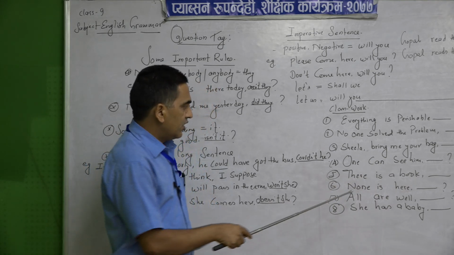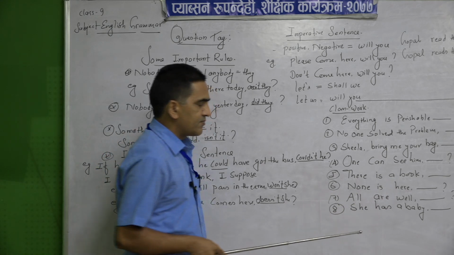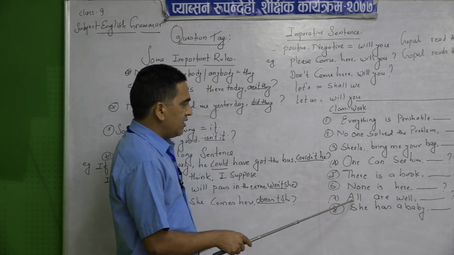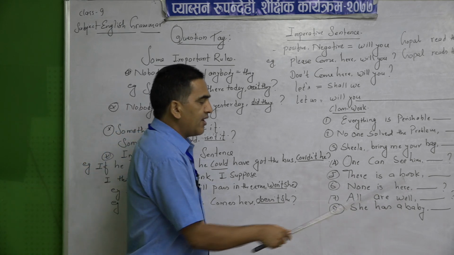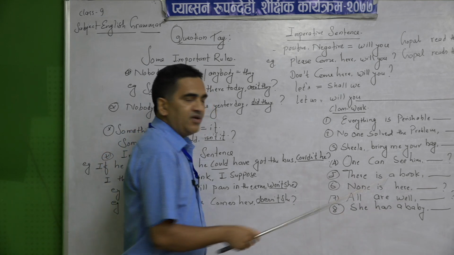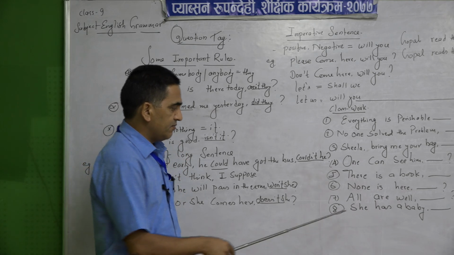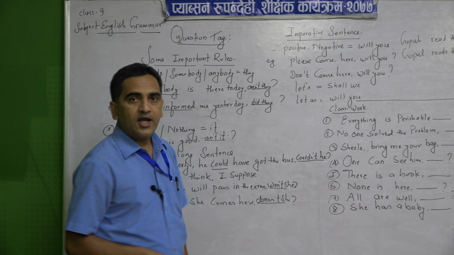Number 6: no one is here. Number 7: all are well. Number 8: she has a baby. Altogether there are 8 questions.